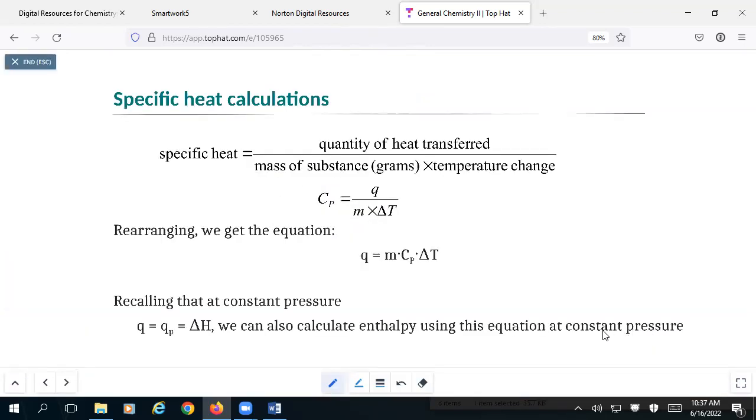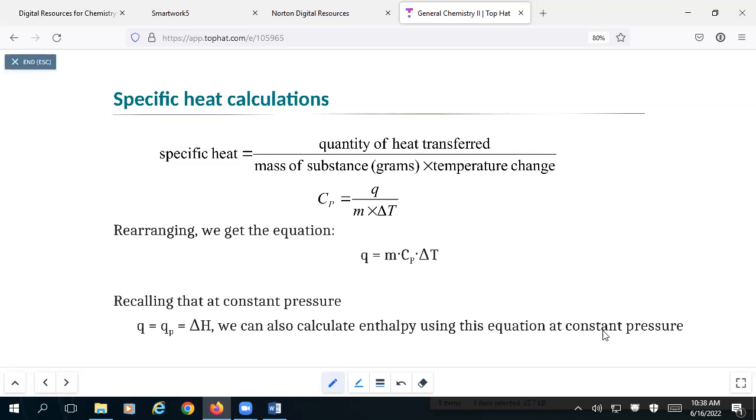I'm not exactly sure why I put this particular slide here instead of where I was leading, but this is the answer. Specific heat can be calculated from a measurement of heat transfer divided by mass divided by change in temperature.